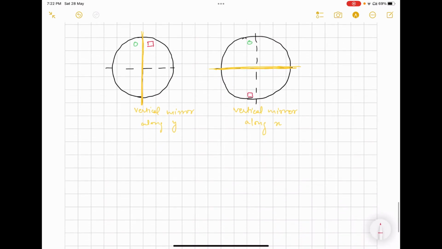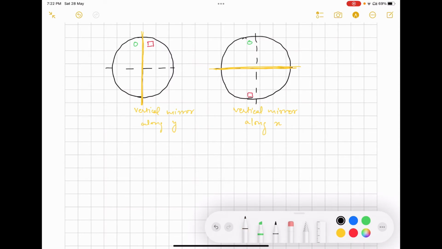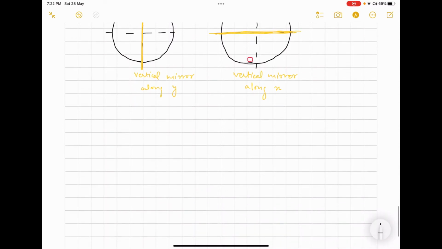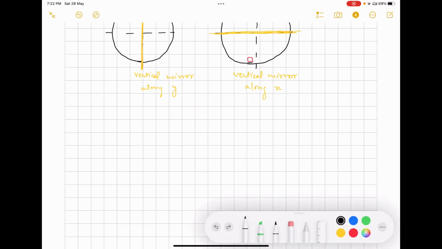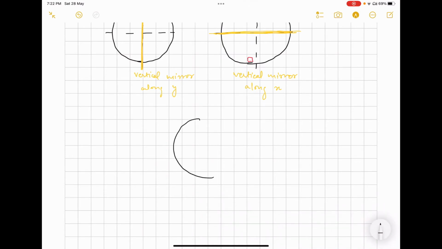Okay, now what if you have a mirror in the plane or the horizontal mirror? So here this boundary in itself is a mirror.